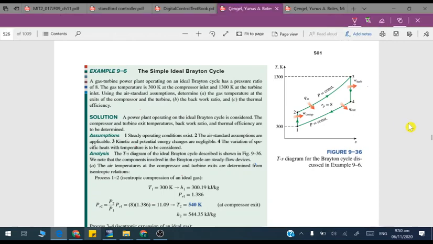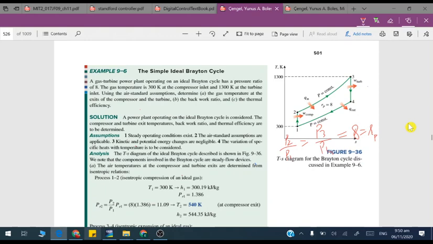So we can write the pressure ratio P2 over P1 is equal to P3 over P4, and it is equal to 8. It is the pressure ratio, and it is also represented by RP.